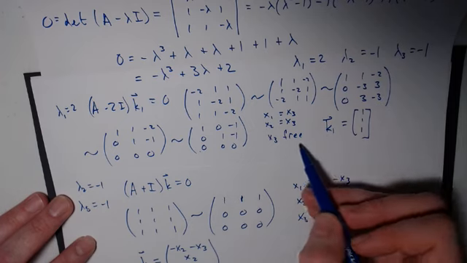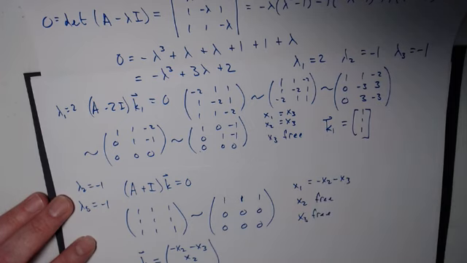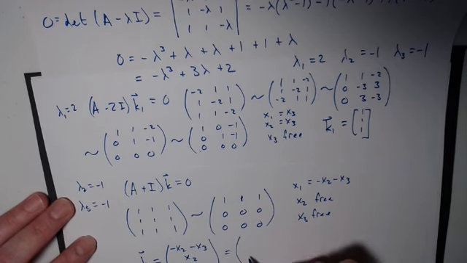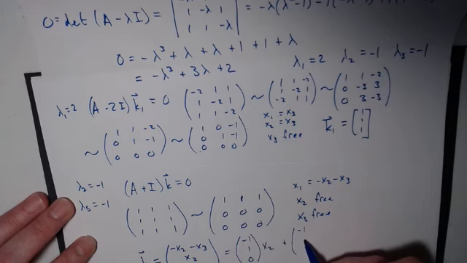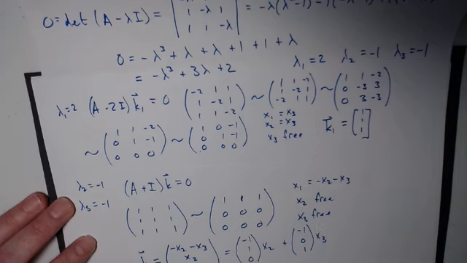I've just been finding something that plugs in and works. But I need to find 2 linearly independent ones, and it actually turns out to be really easy. But in order to see why it's so easy, it's kind of nice to split this into -1, 1, 0 times x2 plus -1, 0, 1 times x3.